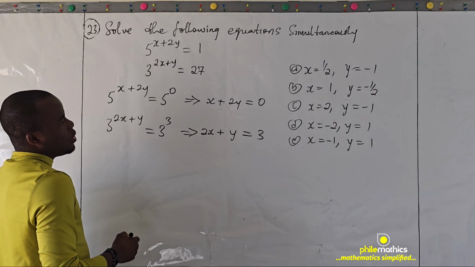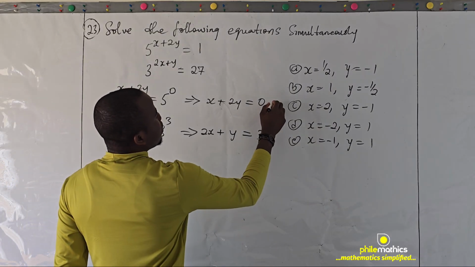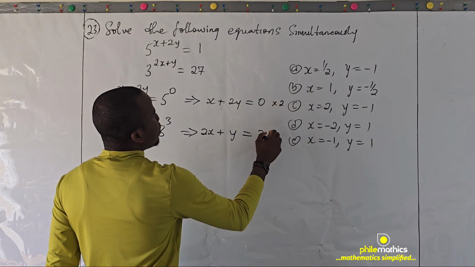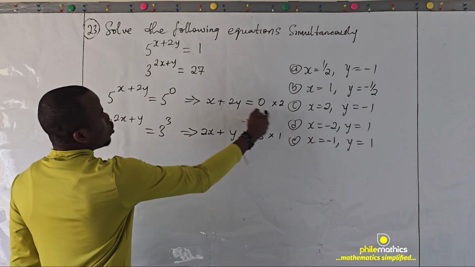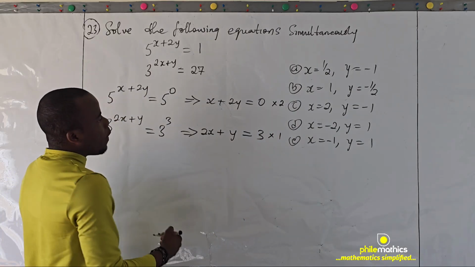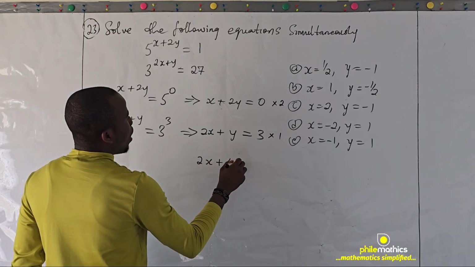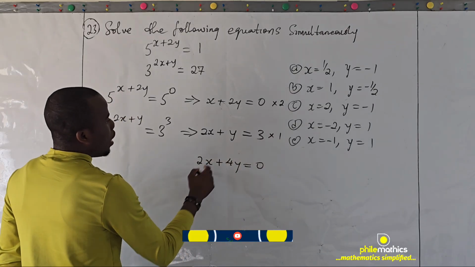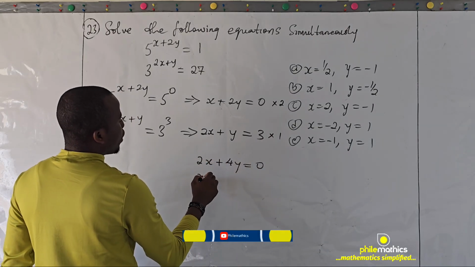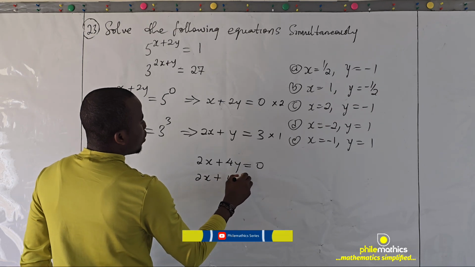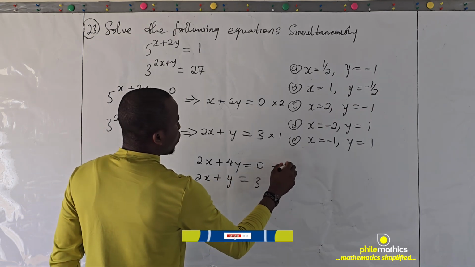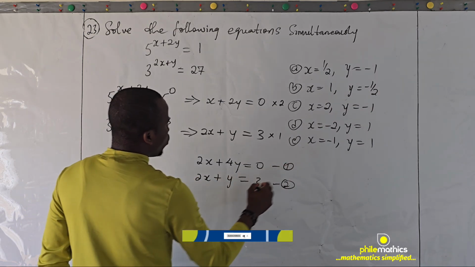What I can do here is multiply the first by 2 and the second by 1 to eliminate x and find y. If I do that, I will have 2x plus 4y equals 0, and this is simply 2x plus y equals 3. Let's call these equation 1 and equation 2.